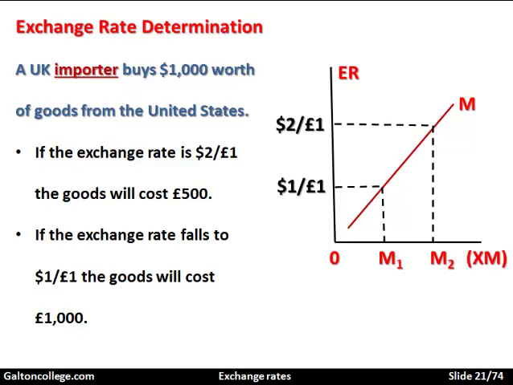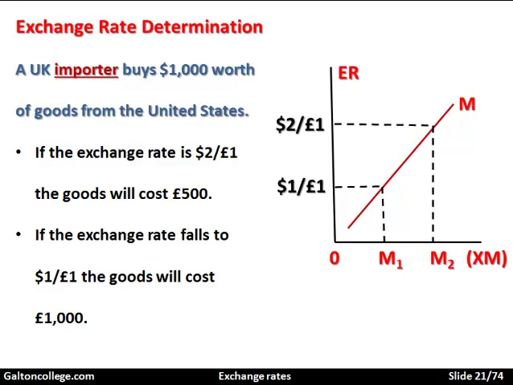So at $2 to the pound, we paid £500 for the items, both of them from America, and they come to the UK for £500. And the amount that we import at that is M2 on the diagram.